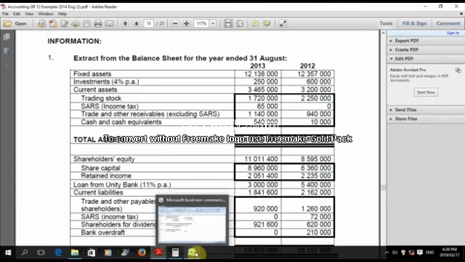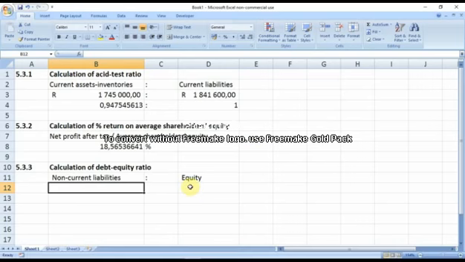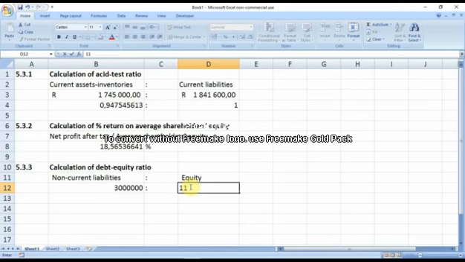So it's 3 million as a ratio to 11,011,400. We always want 1 on the right hand side with ratios, so we have to divide the right hand side by itself to get 1.